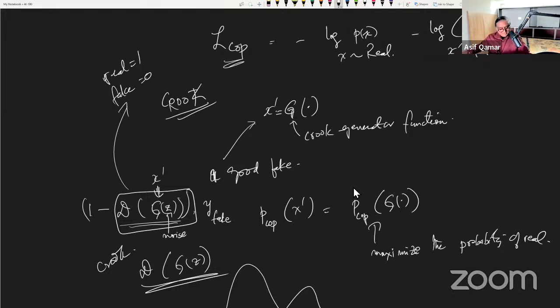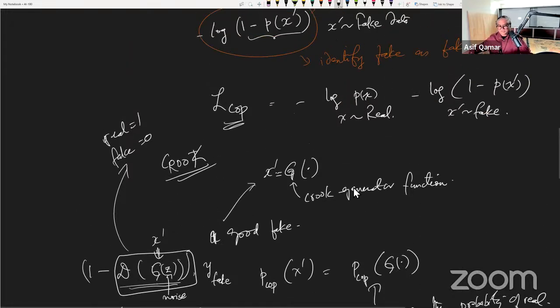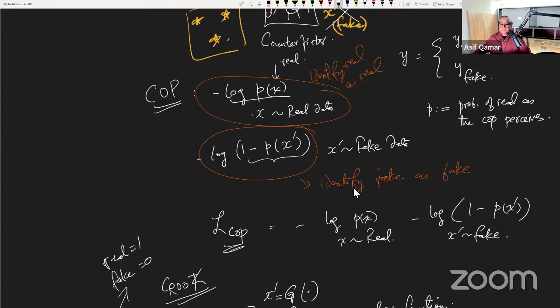The cop has to do double duty, right? From this, the loss function you can create is your same cross entropy loss, all of that you're familiar with, how to make a cross entropy loss out of it, negative log likelihood and all of that. What about the cop? The cop has double duty. The generator, the crook, never sees a real dollar bill. He has no relationship to real data. He just has to imagine it or figure it out.